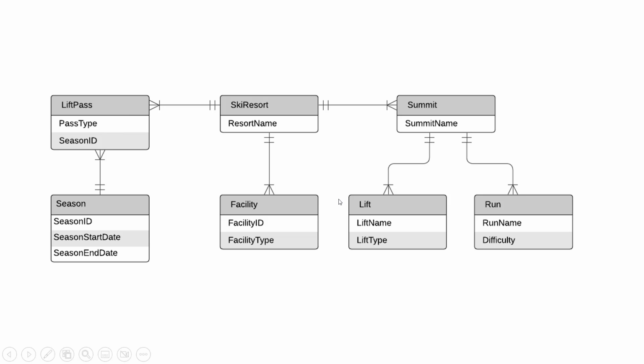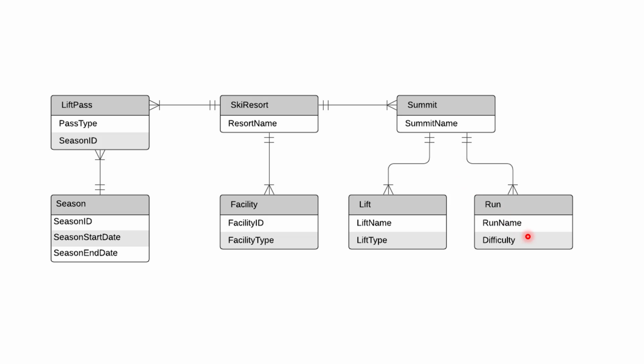So here is one more example. We have 7 data entities here: ski resort, summit, lift and run, facilities of a ski resort, lift pass, and the season for which the lift pass is valid. So these are just a few examples. And each of these data entities, of course, will have multiple attributes. Here I just have a couple of examples: resort name, summit name.